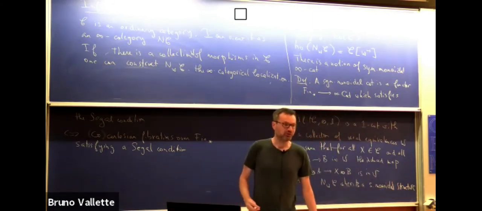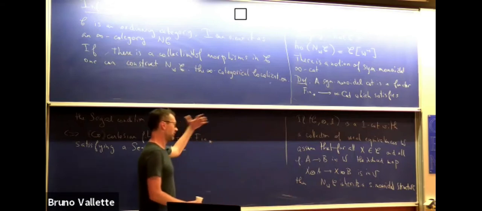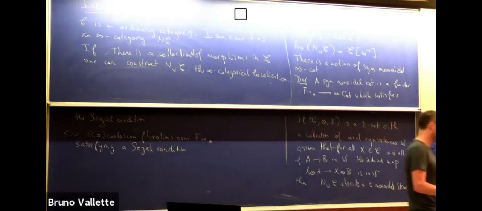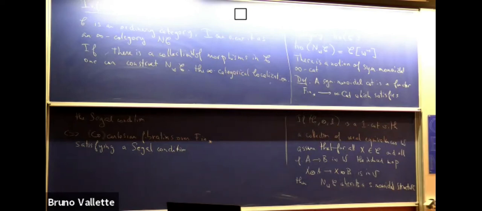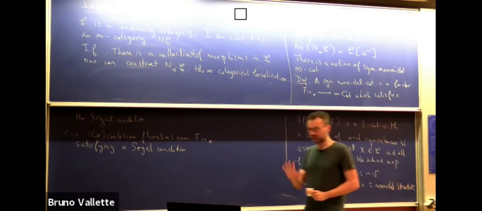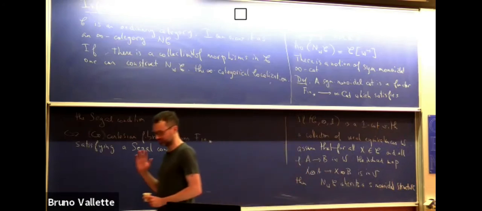So in particular, one example of this situation is if you have a symmetric monoidal model category, then the axiom for symmetric monoidal model categories tells you that this is true if you restrict to cofibrant objects. Tensoring with a cofibrant object will preserve weak equivalences.